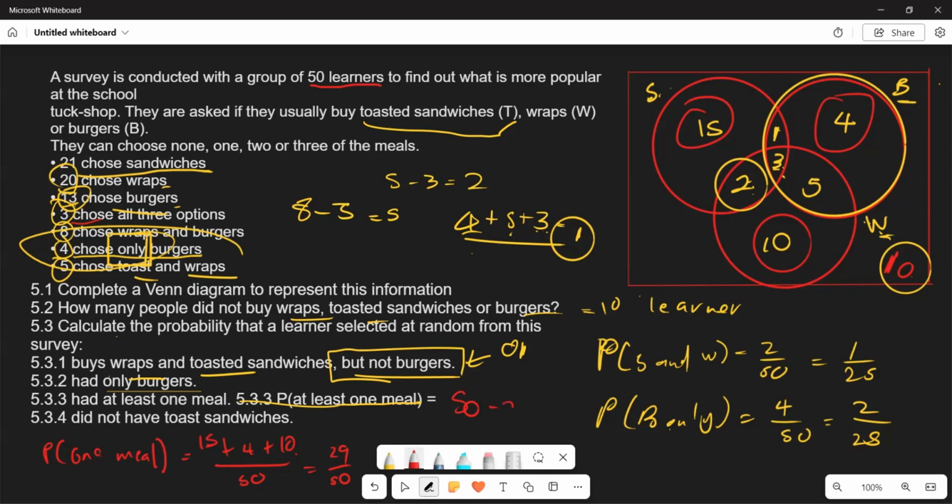So this is going to be 50 subtract 21, which is 29. So basically the probability of not a sandwich, or S naught, is 29 out of 50.